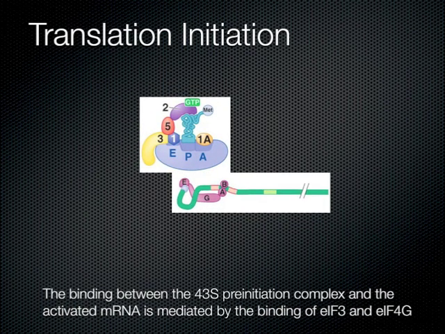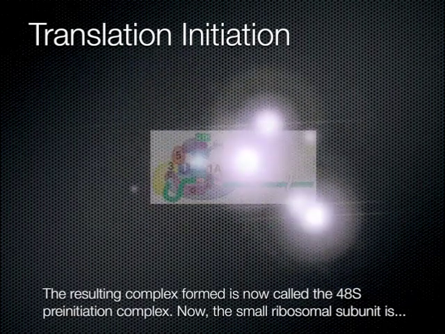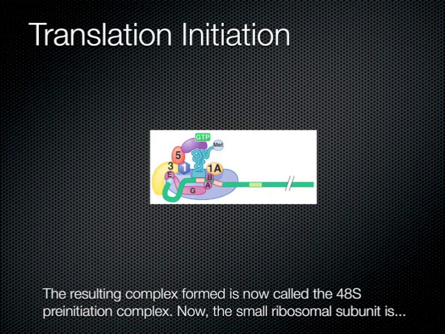The binding between the 43S pre-initiation complex and the activated messenger RNA is mediated by the binding of EIF3 and EIF4G. The resulting complex formed is now called the 48S pre-initiation complex.